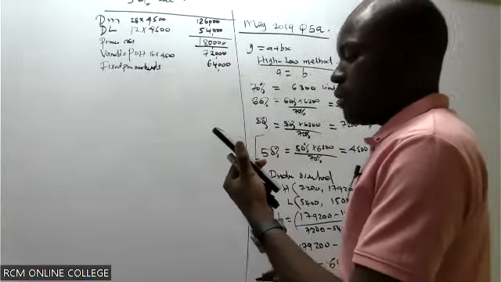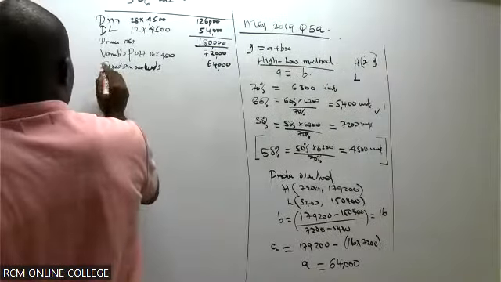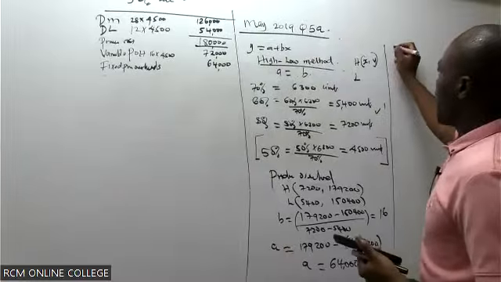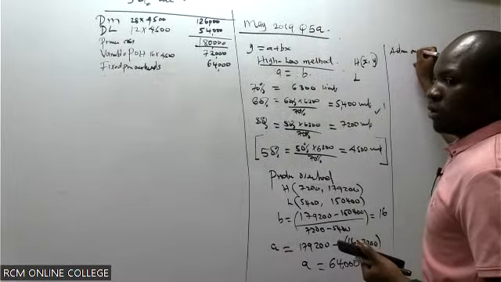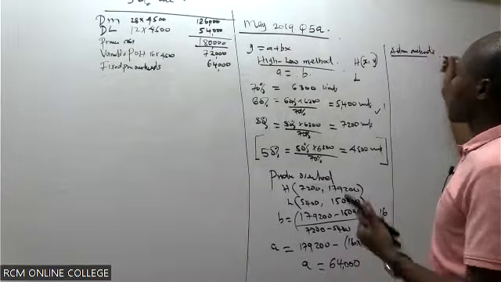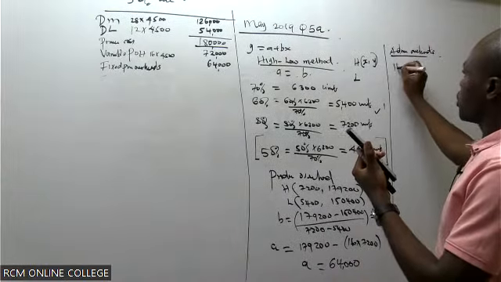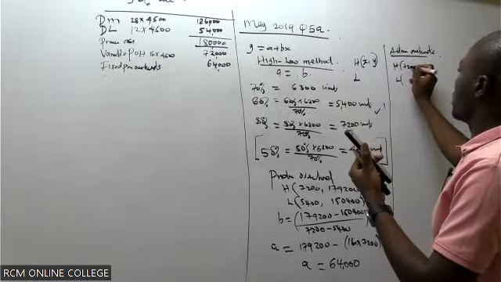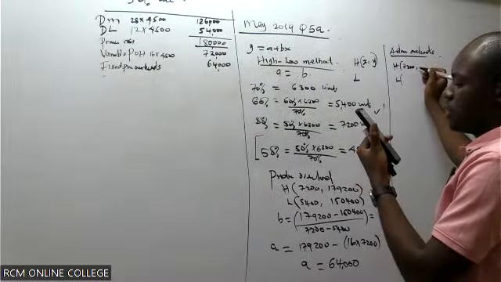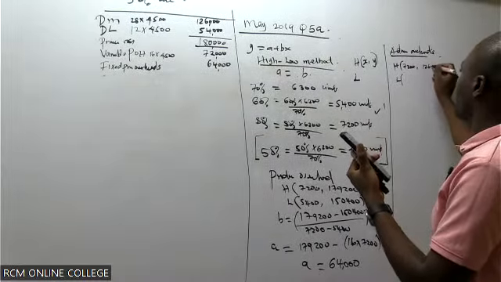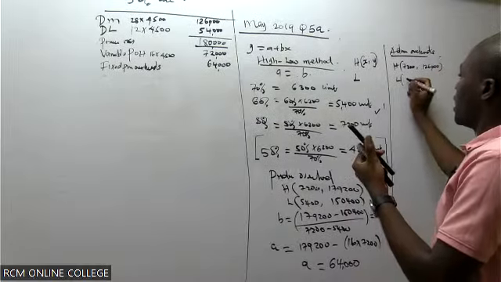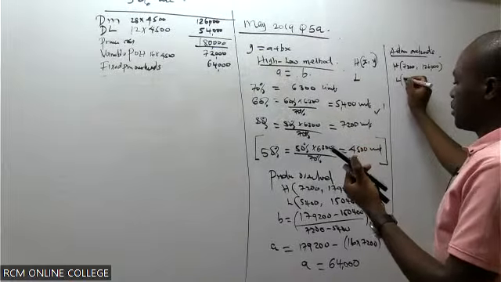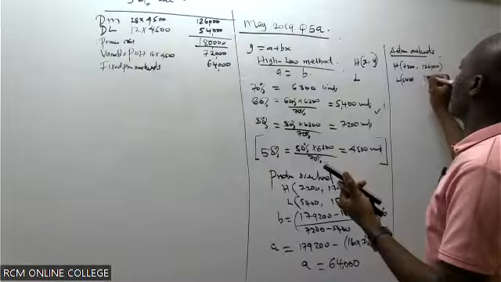We move to the next thing, admin overheads. Admin overheads, you don't know whether they are variable or fixed. So we come here, admin overheads, we are given high, 7,200, comma 126,000. Then here low is 5,400, comma 126,000.